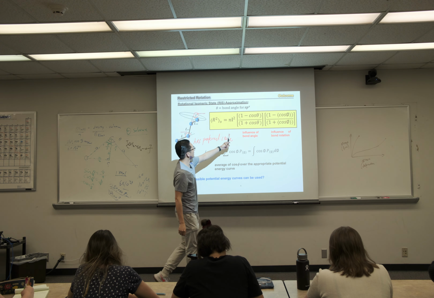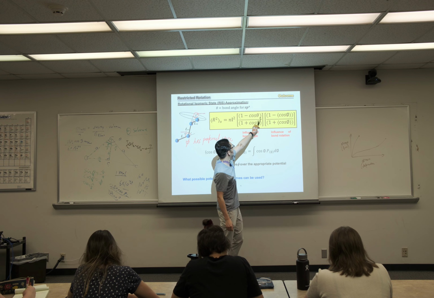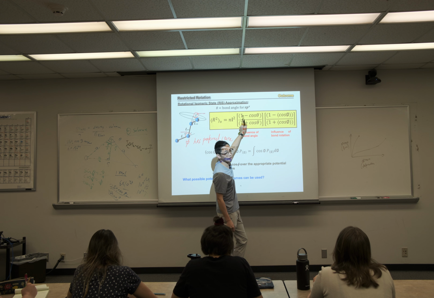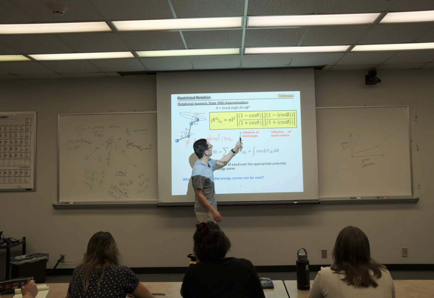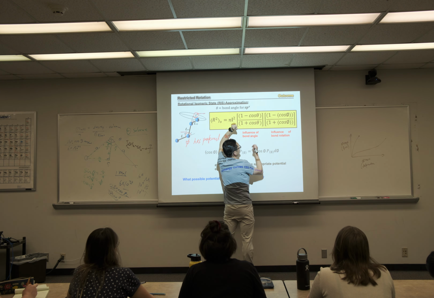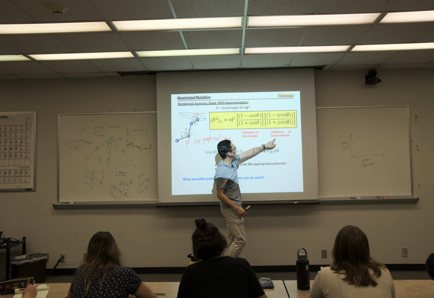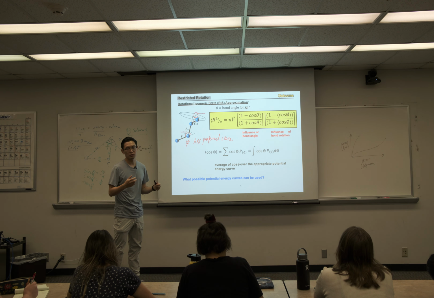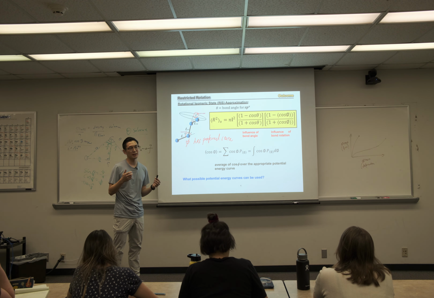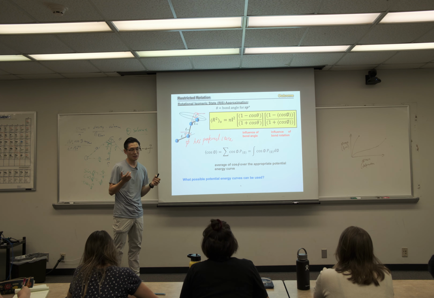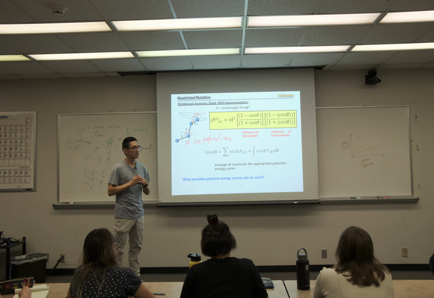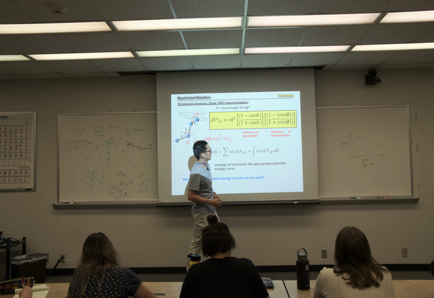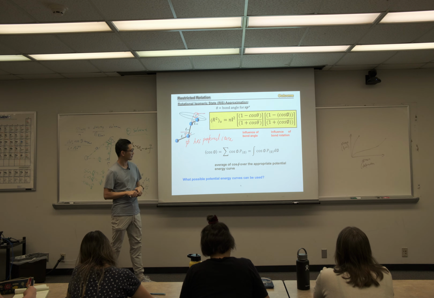The first half is exactly the same as the freely rotating bond. You can see the influence of bond angle is reflected by this bracketed term, and the influence of bond rotation shows up there. So this would describe the most accurate idealized chain model ever. If you consider the theta difference and phi difference, you're going to add two terms here. Okay?